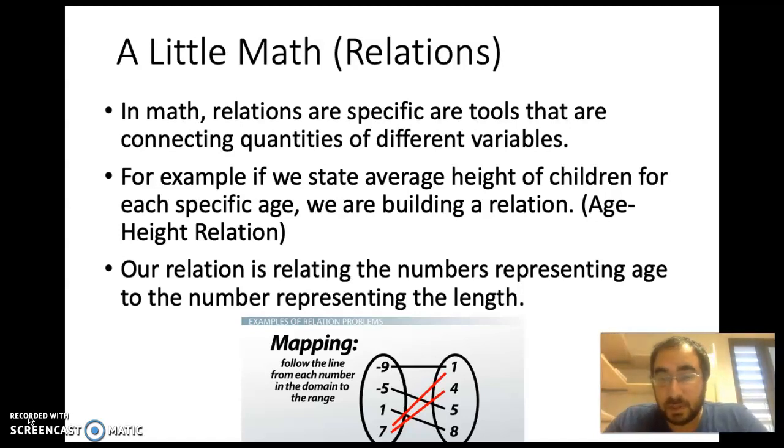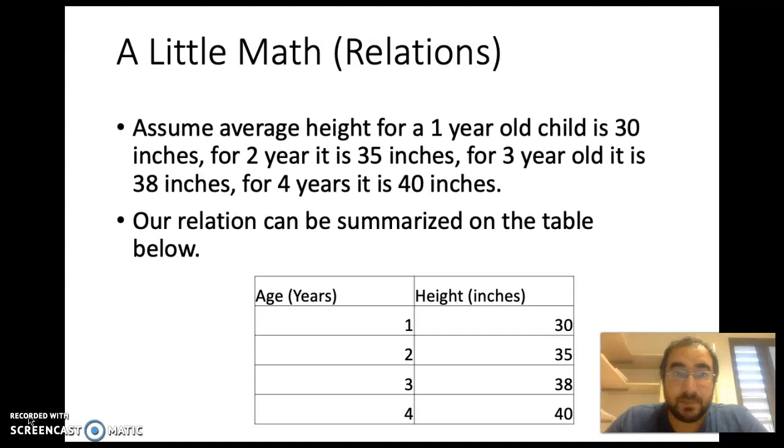I was talking about relations. As I said, a relation is relating numbers that are representing a particular variable to the numbers representing another variable. This is actually a case where you can see a relation. Note that the way we define the relation here is mathematical.